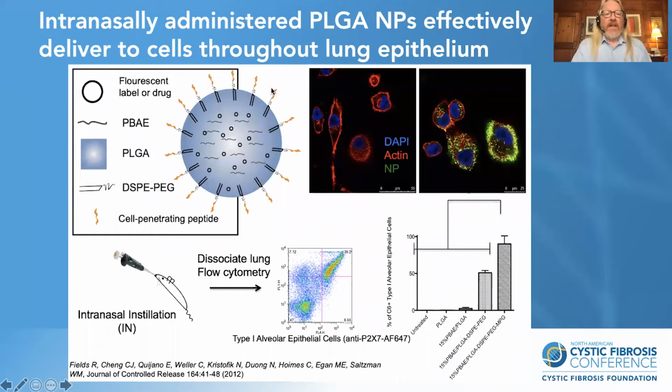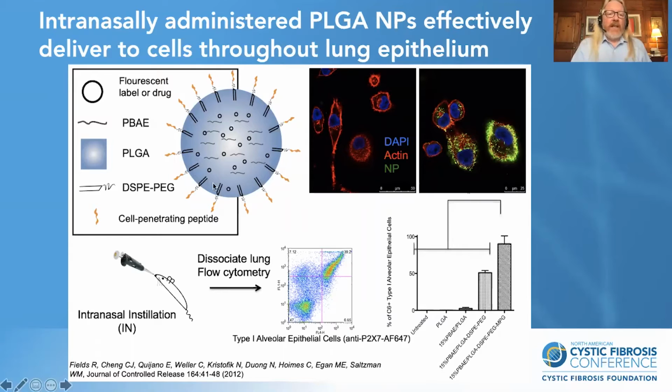So we used that understanding to design nanoparticles that we thought would be efficient at delivering these reagents to the lung epithelium. These were largely made of polylactide-co-glycolide, but we also added the cationic polymer, PBAE, into the mix so that it would more efficiently load nucleic acids because of the electrostatic interactions between the cationic polymer and the anionic nucleic acids.